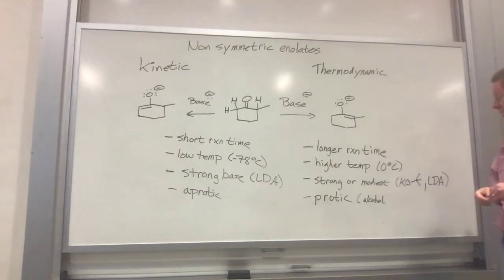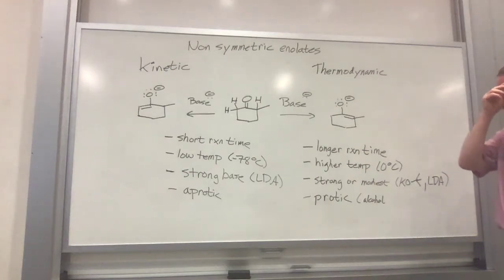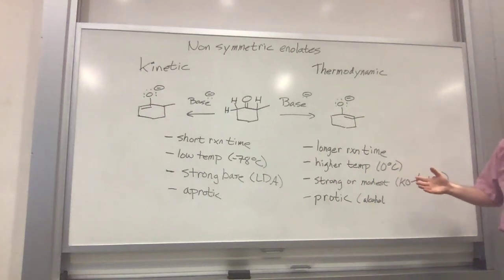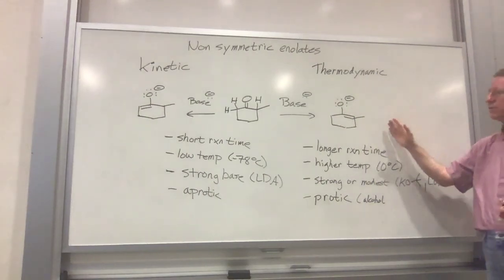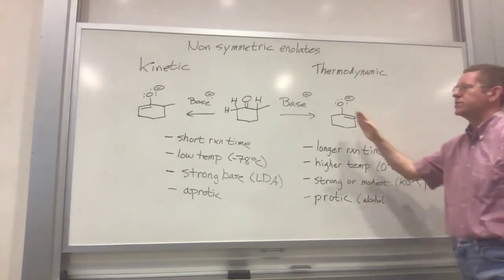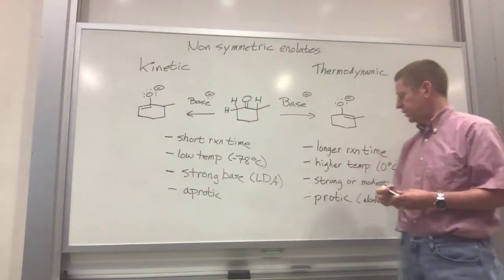We could also use something like LDA and then add in a drop of some sort of alcohol. Now there will be a proton source in there so that the enolate can react with the more acidic proton source, get back to the enol, and back and forth it can go.